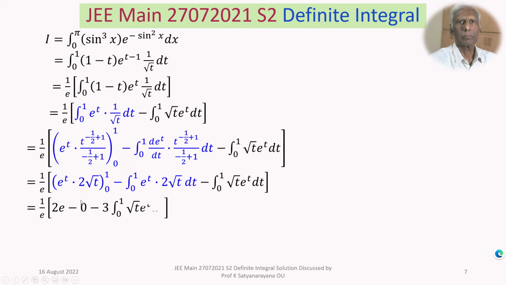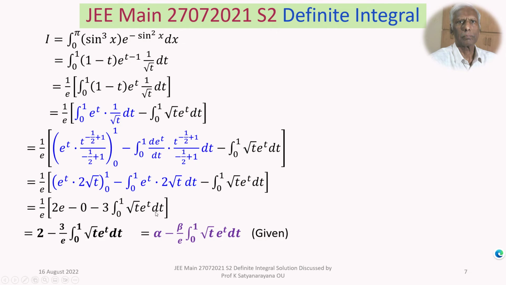That is 1 by e into, for the upper limit t is equal to 1, e into 2e, minus for the lower limit t is equal to 0, root t becomes 0. That is 0 minus 3 times integral 0 to 1 root t e power t dt, and this 1 by e is taken inside, and that will be 2e into 1 by e is 2 minus 3 by e integral 0 to 1 root t e power t dt.